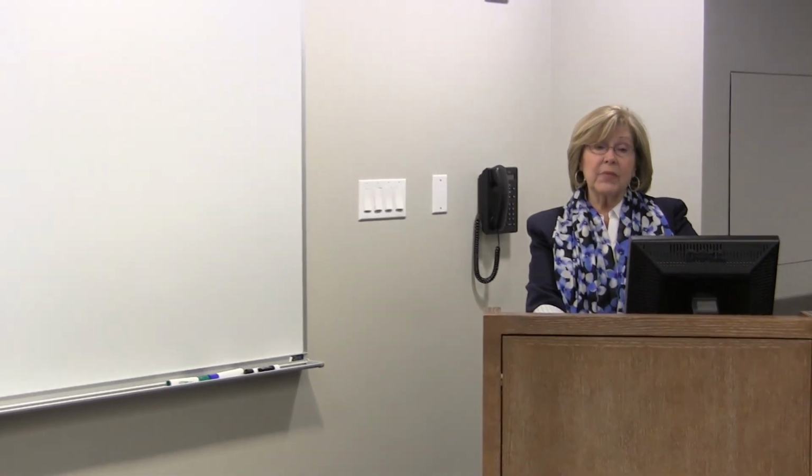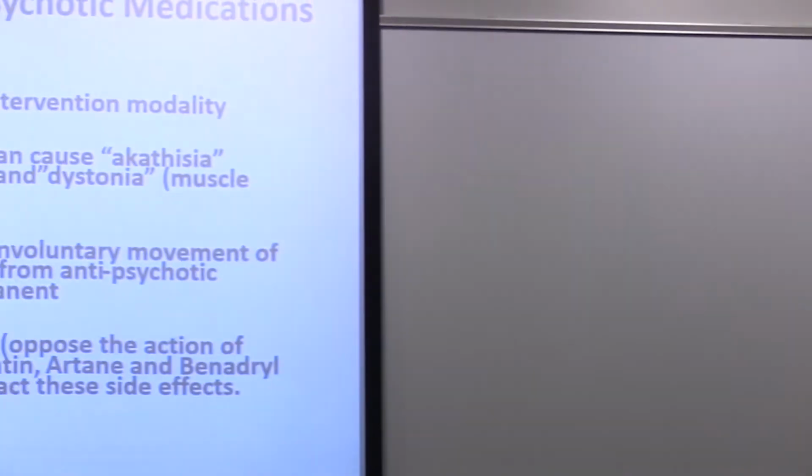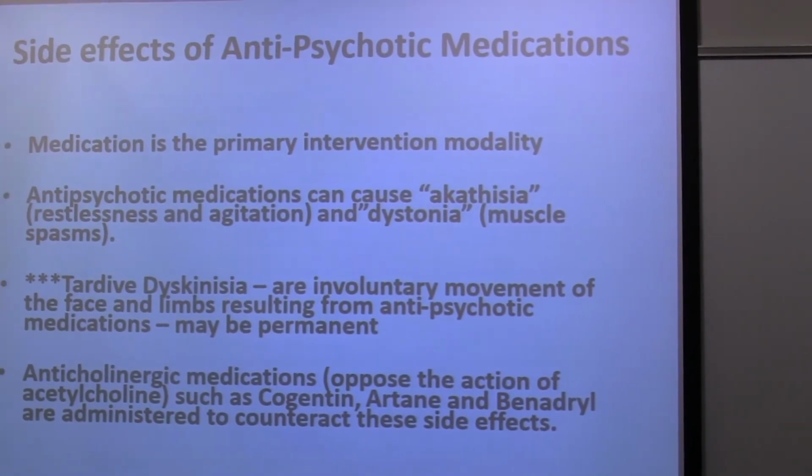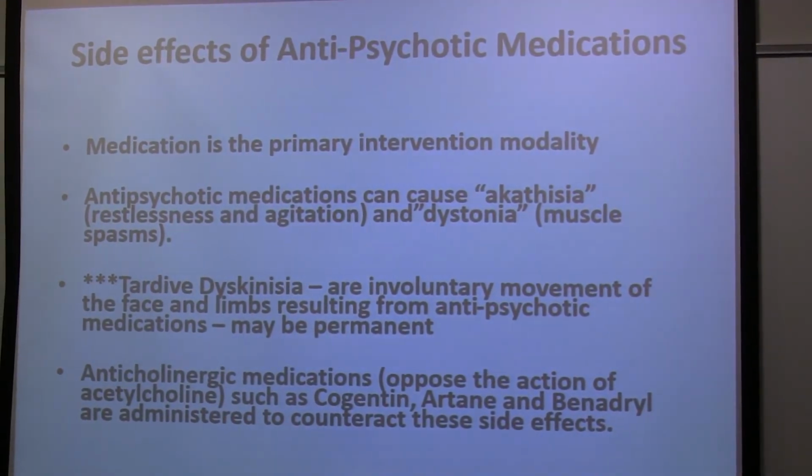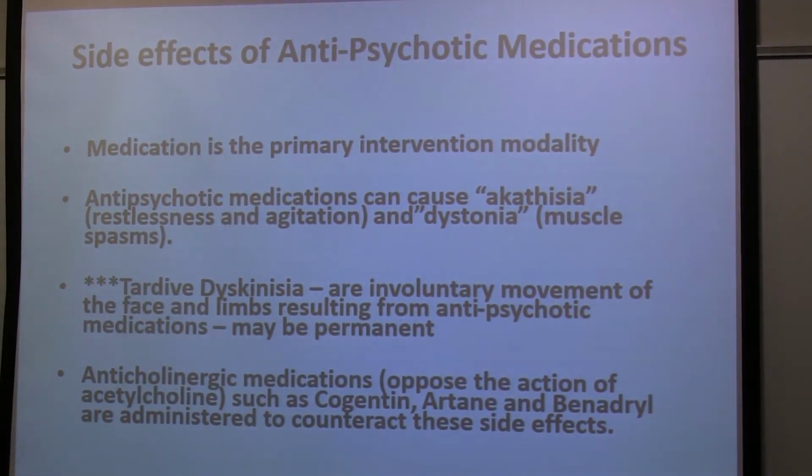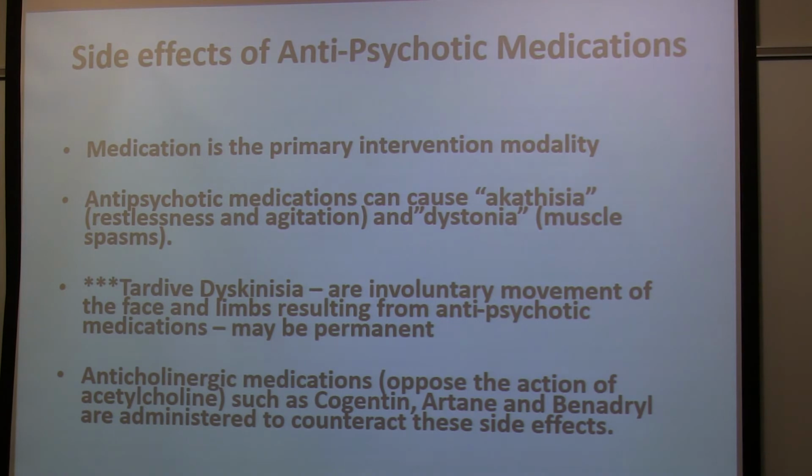So what are some of the side effects? Medication is always a primary intervention modality, as I said earlier, in psychotic disorders. And some of these medications can cause something called akathisia, which is restlessness and agitation, and dystonia, which is muscle spasms. The main side effect that I want you to be aware of, and is almost always asked about on the licensing exam, is called tardive dyskinesia.